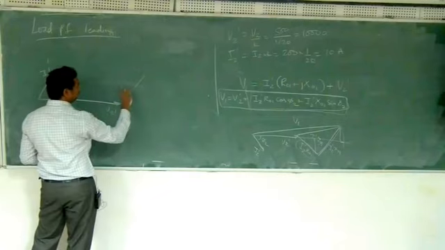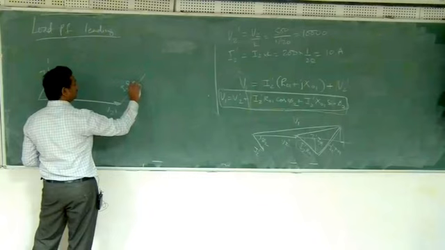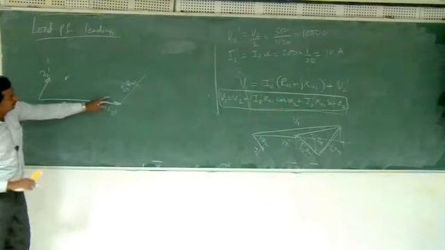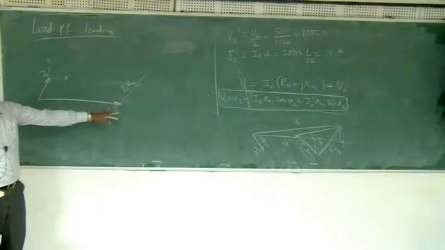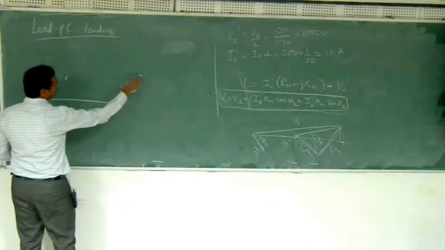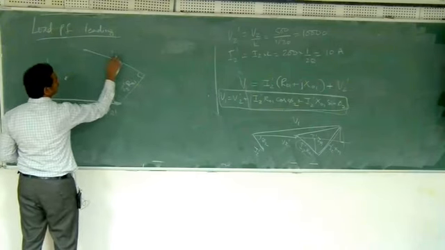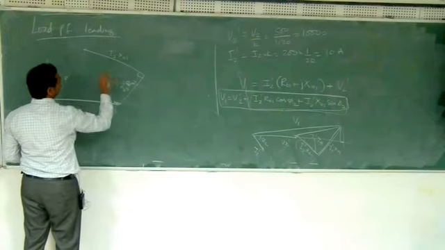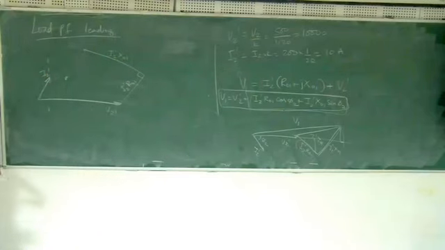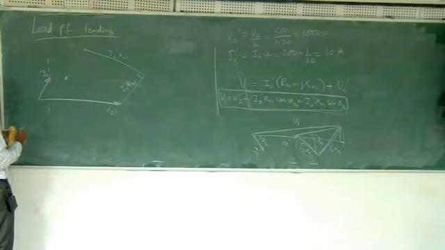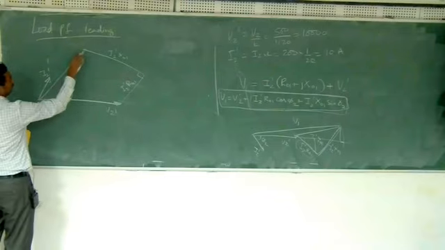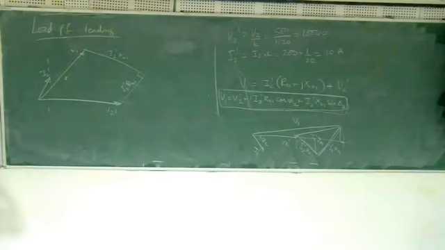So, this drop will be I2 dash R01. This is the drop parallel to this. 90 degrees leading that will be I2 dash X01. Okay. Now, what is V1? This is V1.